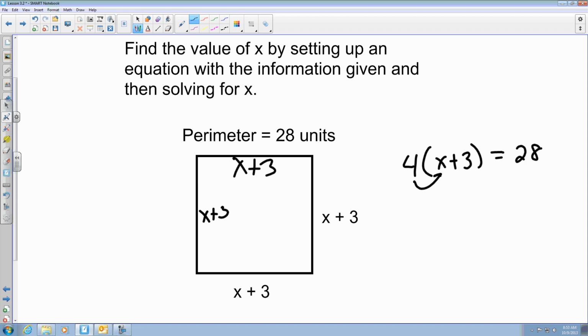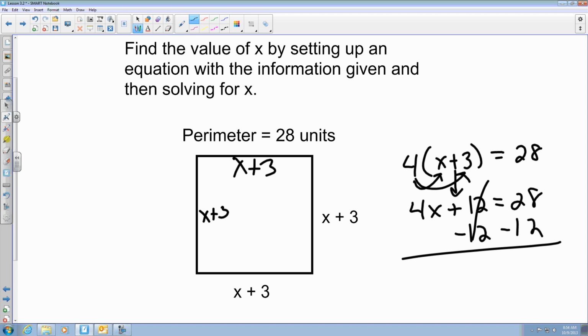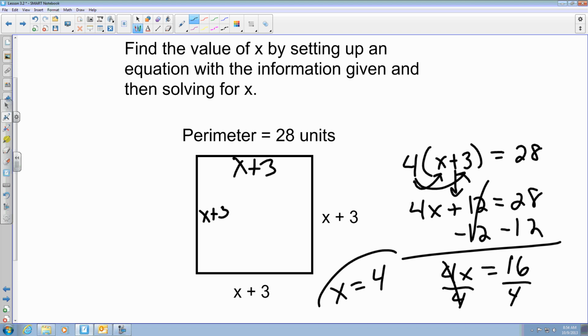It's going to give me 4x plus 12 equals 28. I'm going to subtract 12 from both sides, which leaves me with 4x on the left-hand side, and 28 minus 12 equals 16. I divide both sides by 4, which gives me x equals 4.